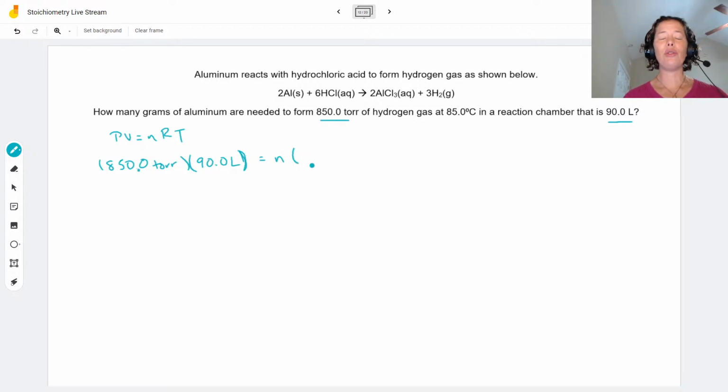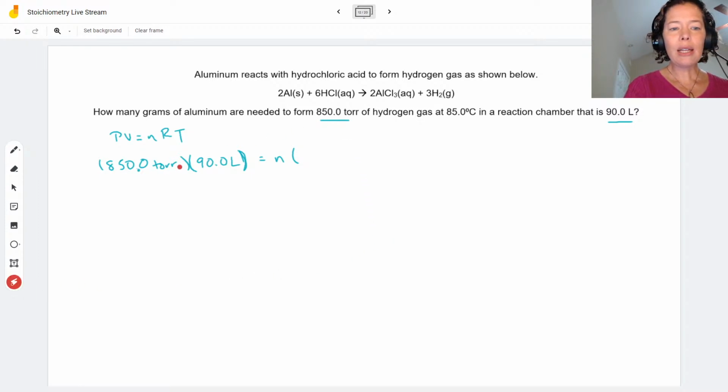Now we need to choose an appropriate value for R. There are lots and lots of values for R. I want to choose something that already has the units that I'm using so I don't have to convert too much. So because my pressure is in torr and my volume is in liters, I am going to use the R associated with liter torr. And that constant is 62.364.